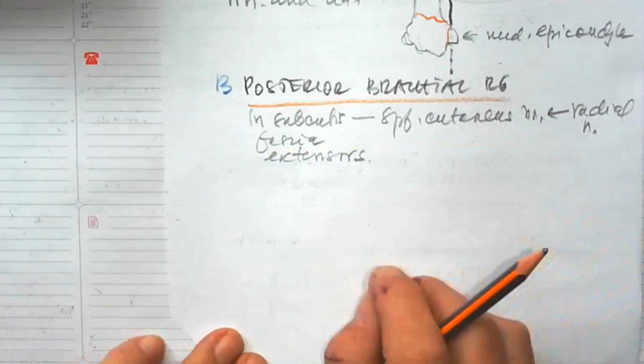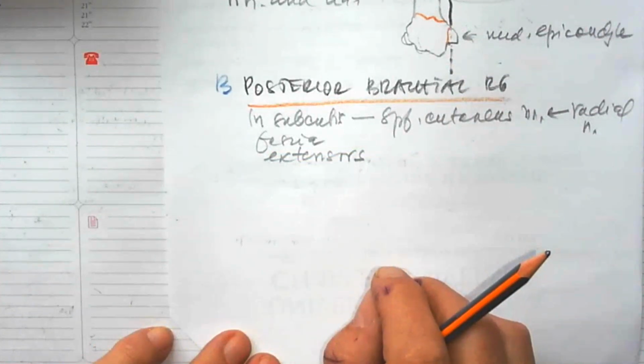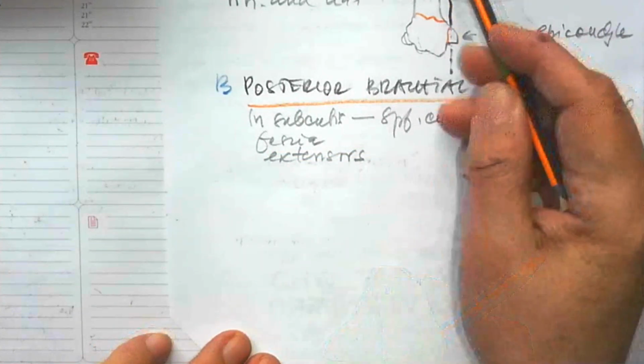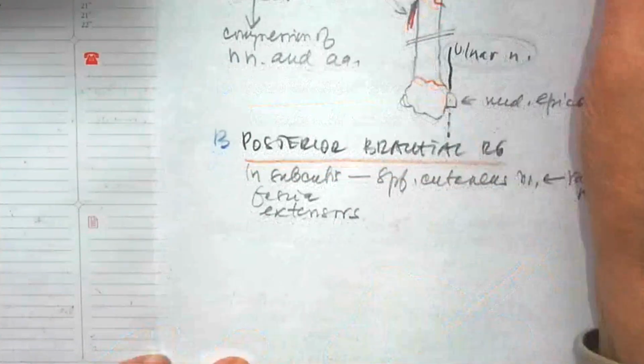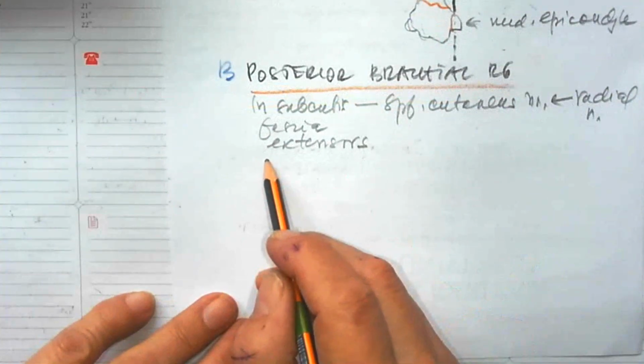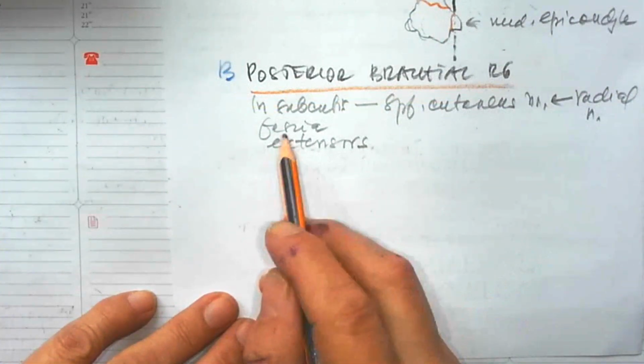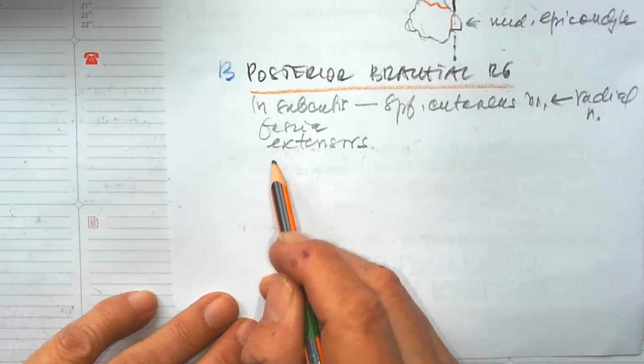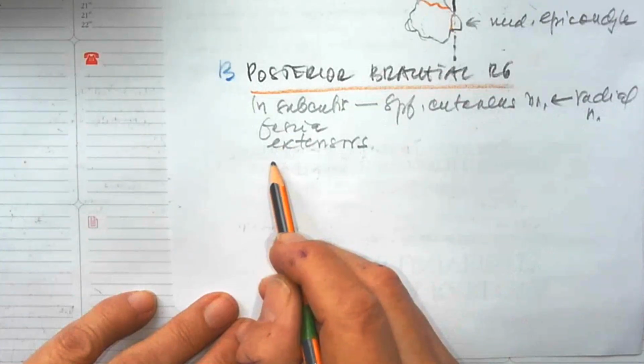We remember that these two structures, which run, as we said, on the dorsal side, could be affected by fractures of the bone shaft.